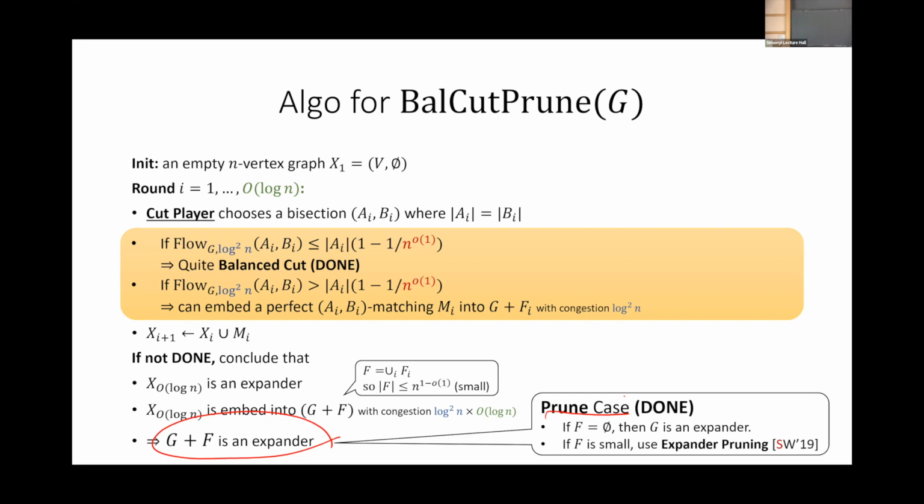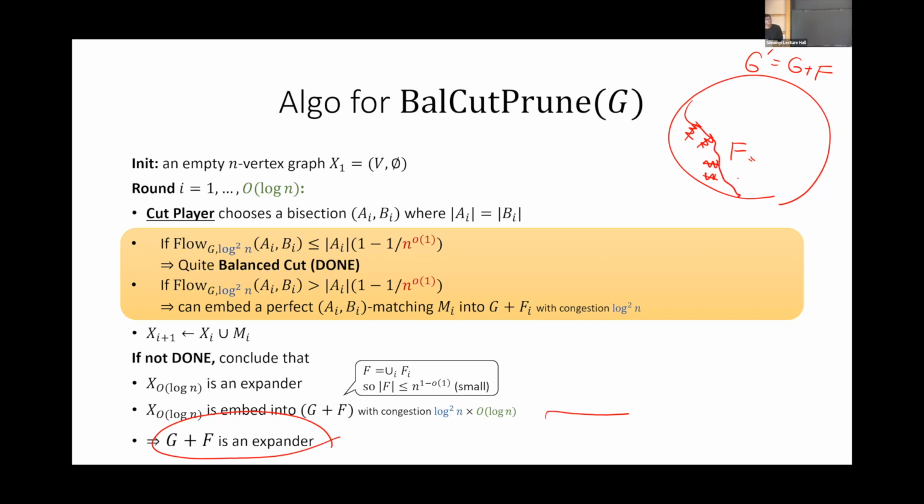But if F is small, then you think of G prime, which is G plus F, and you have a few edges here, which is F. If I now need to delete F, I can use expander pruning to prune some small part out, and the rest of this part is an expander.